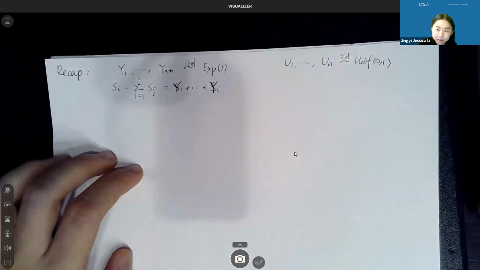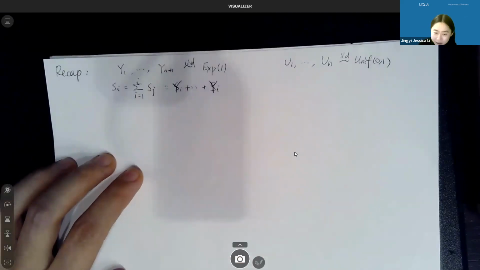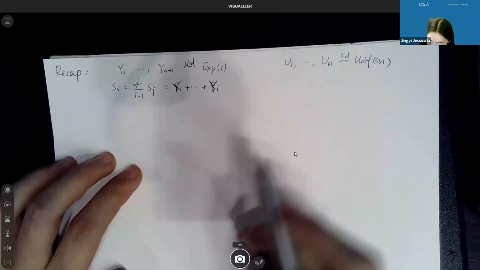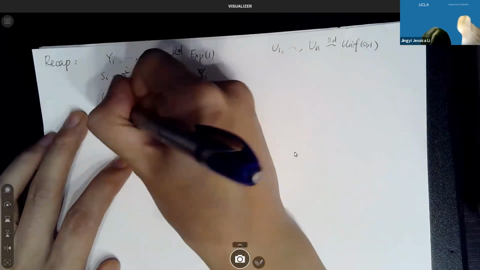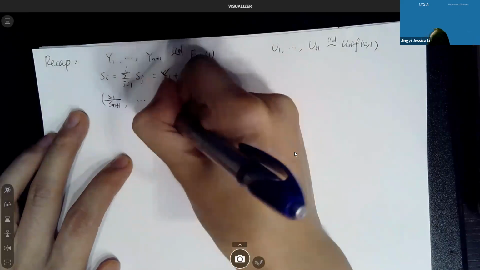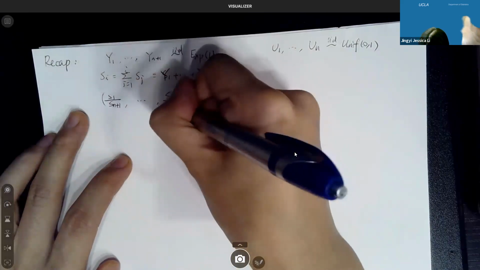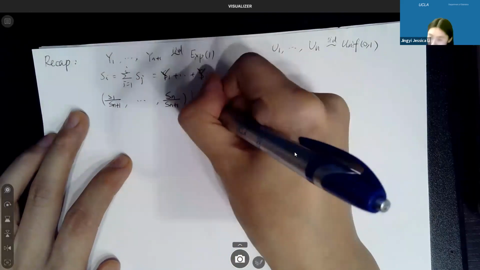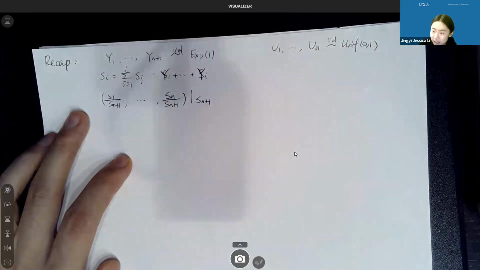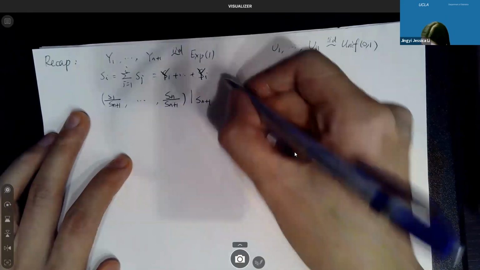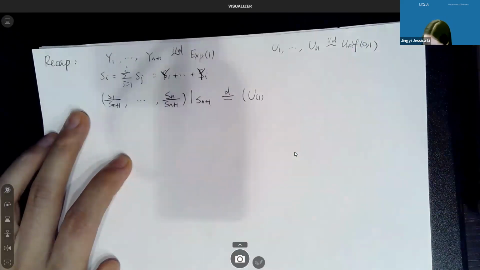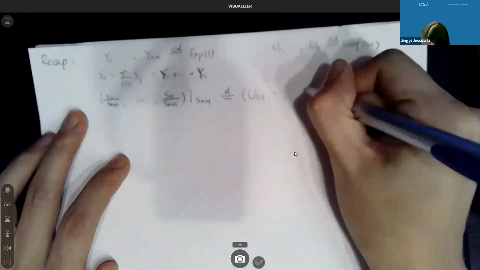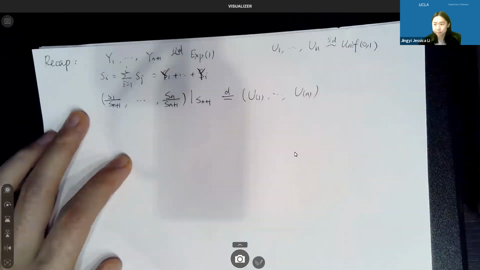With this partial sum definition, an interesting lemma we first prove is that S1 over Sn+1 up to Sn over Sn+1, conditioning on Sn+1, has the same joint distribution as U1, the order statistics, to Un. So this is the beginning.